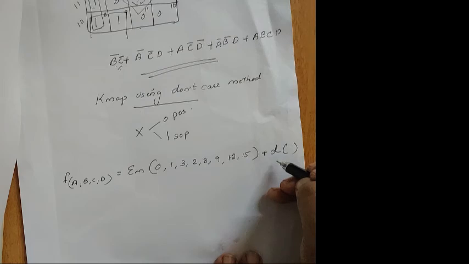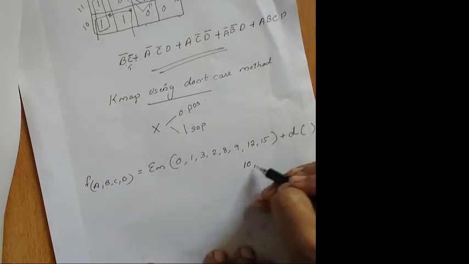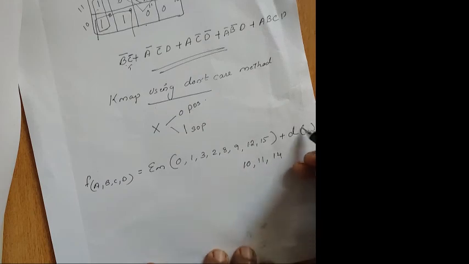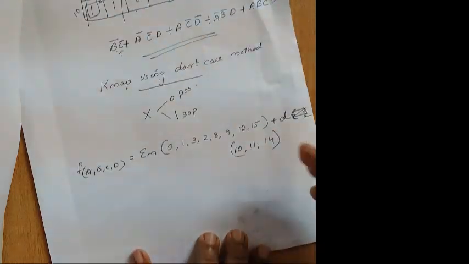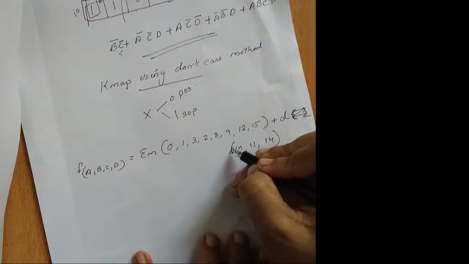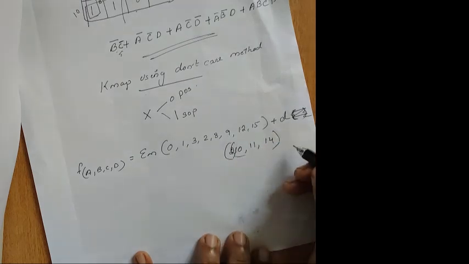Your don't care terms, let it be 10, 11, 14, and let 2 also be there. So the don't cares are 2, 10, 11, 14.